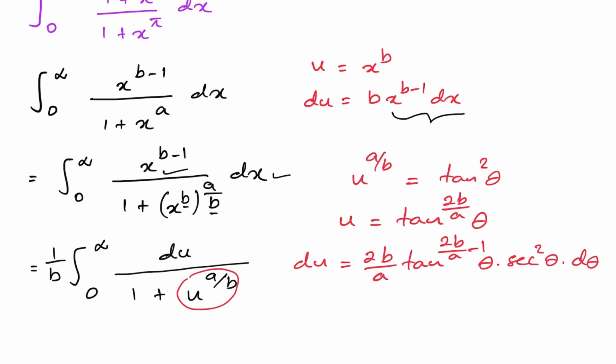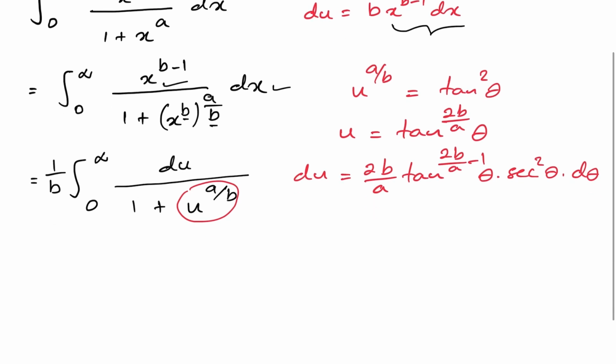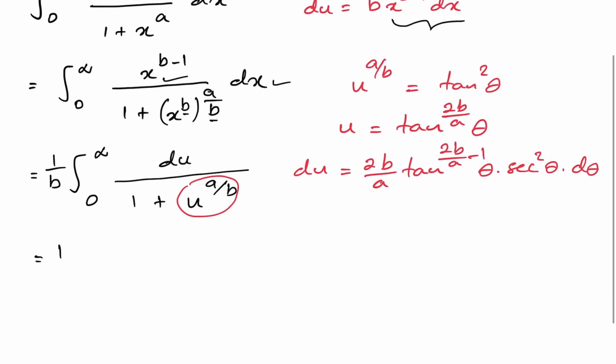Let us plug in. We have 1 over b, then du, and the lower limit is also 0, but for the upper limit, when u approaches infinity, tan of theta approaches infinity, so theta approaches pi over 2.